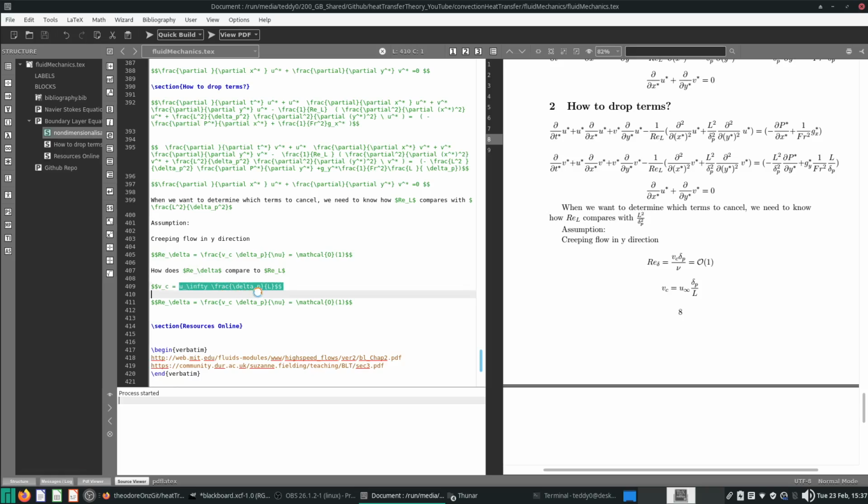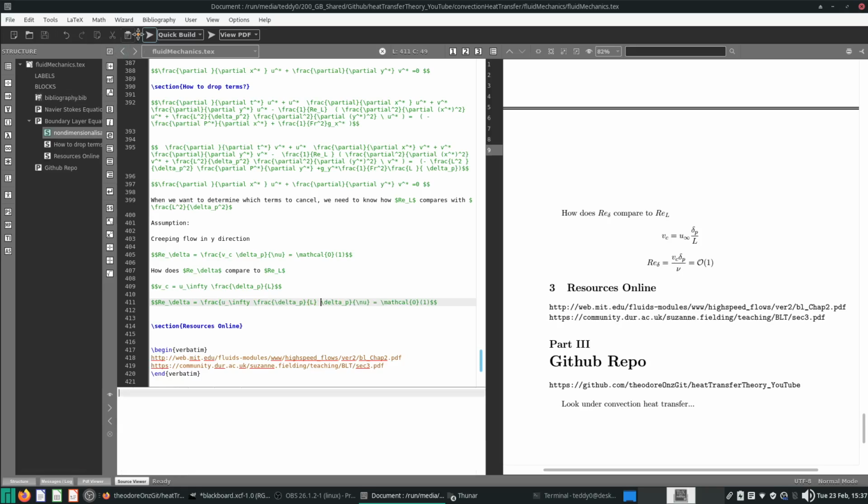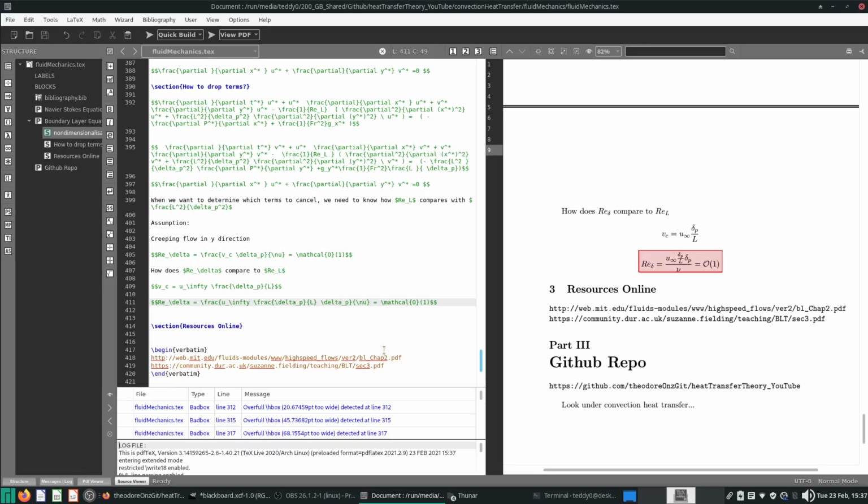So we just do some substitution first. First, we have u infinity and nu, that's halfway through, and we have a delta p over here, so we have delta p squared.